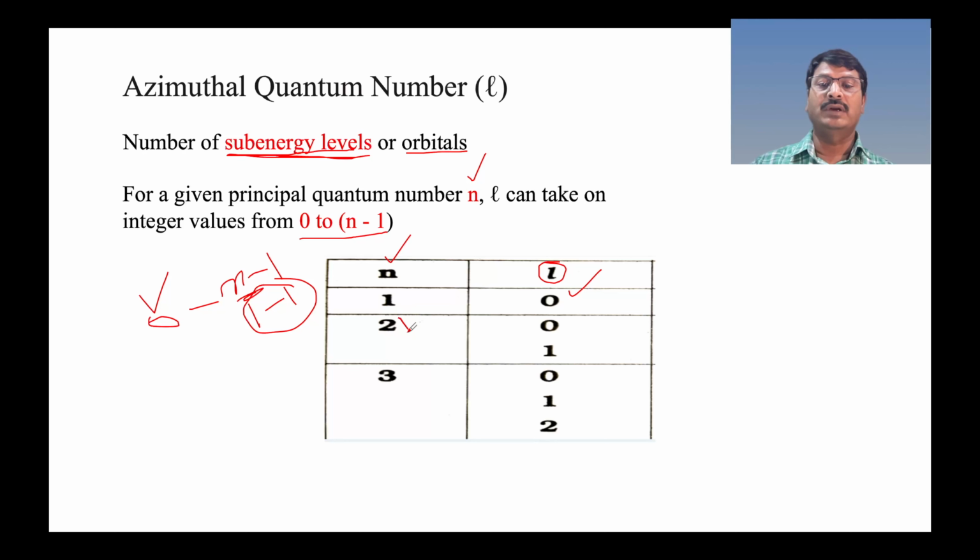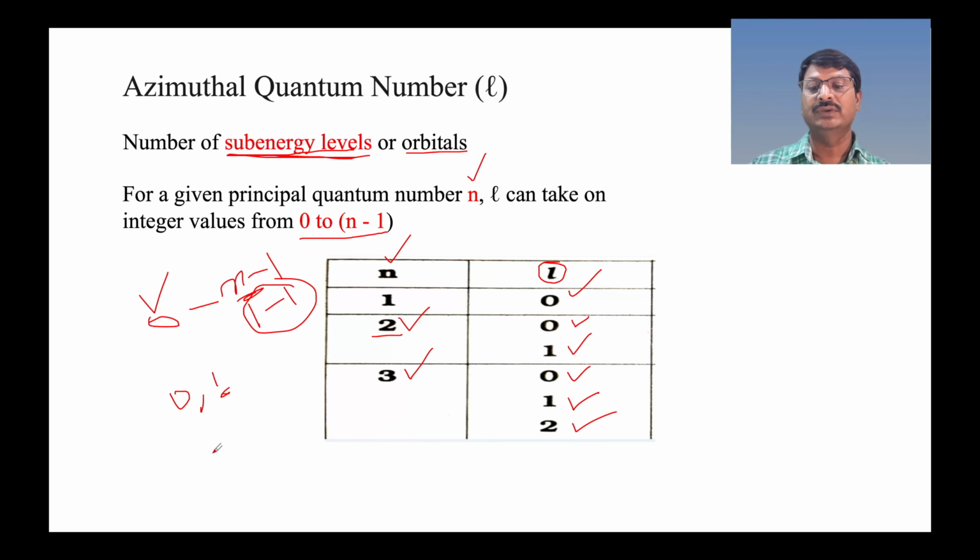And if the principal quantum number is 2, it has 0 and 1. So n minus 1, 2 minus 1, the maximum value will be 1. The total values of l are 0 and 1. The principal quantum number 2 contains two l values, one is 0, the next is 1. And if the principal quantum number is 3, it contains three l values: 0, 1, 2.